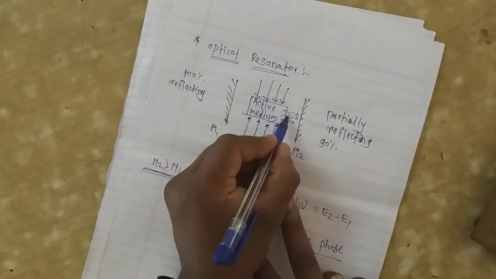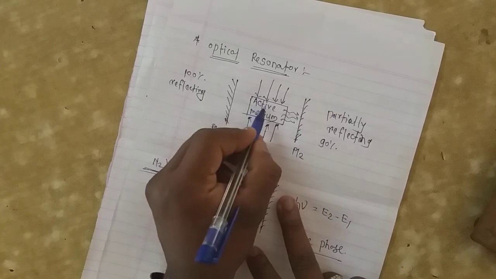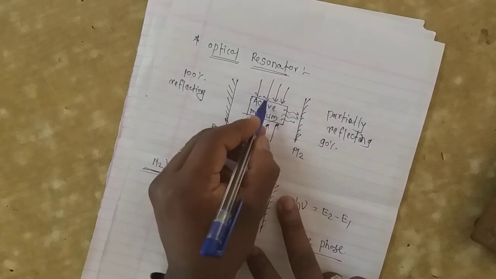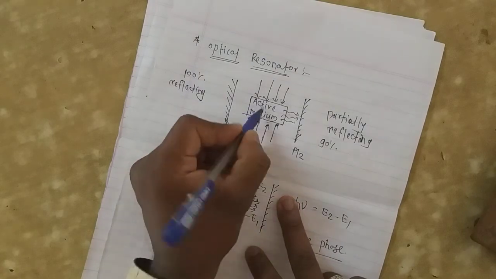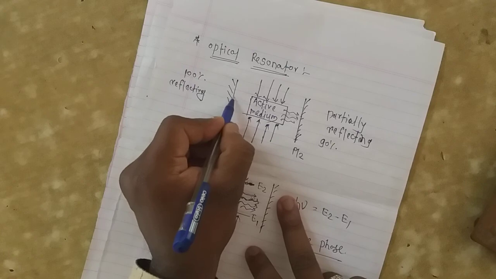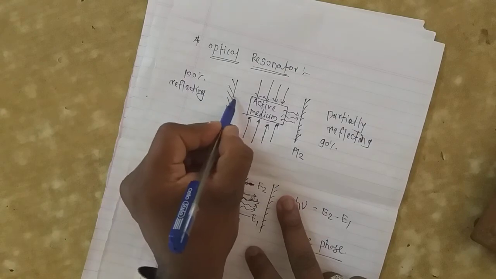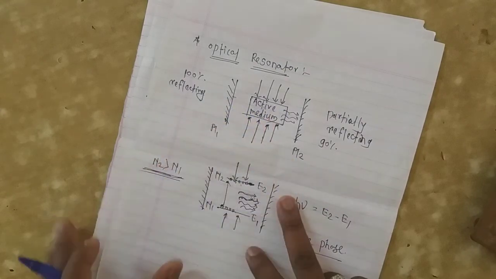These photons enter the active medium and again trigger the excited atoms. Then they go and are incident on mirror M1. After reflection, since it is 100% reflecting, they come back to the active medium.